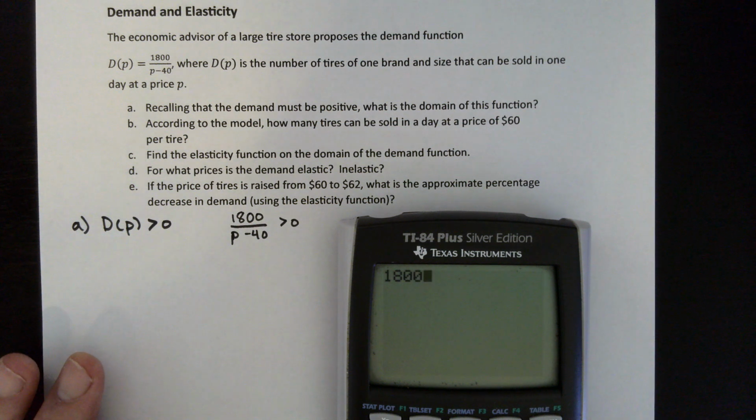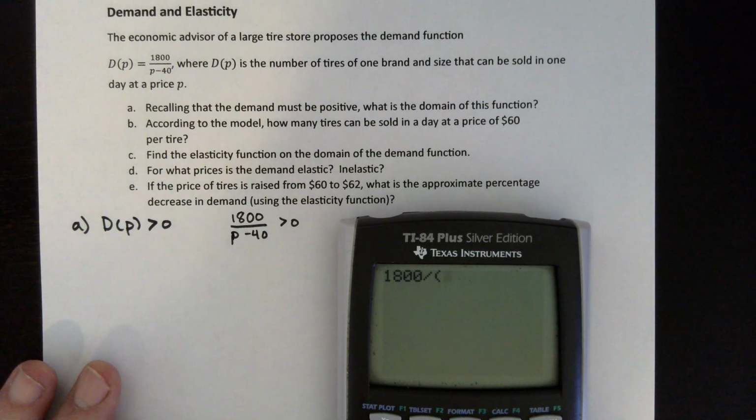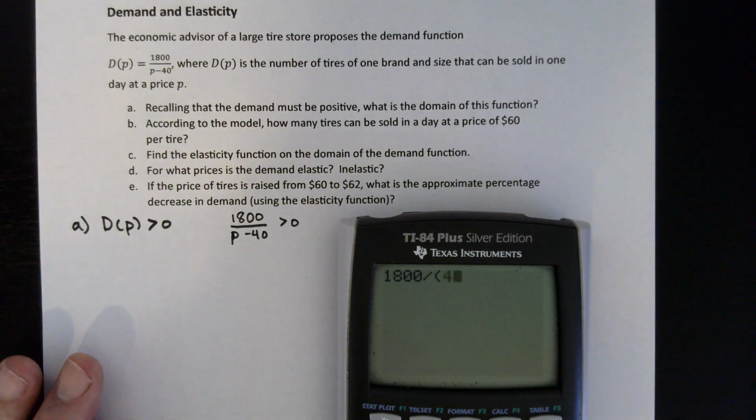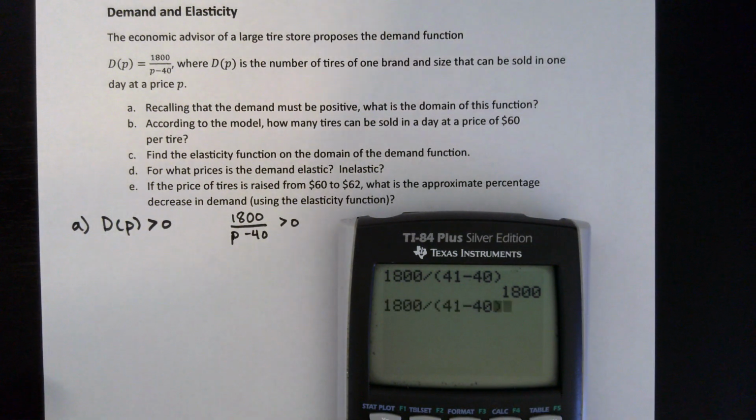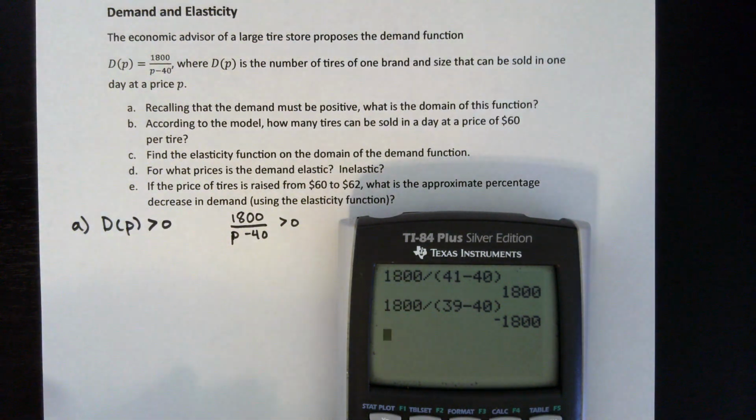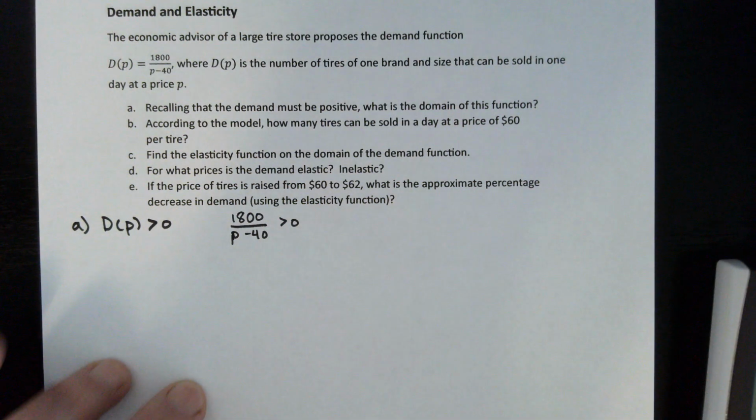Let's plug in 41 into the bottom. 41 minus 40 gives us positive 1800. If we go less, 39 minus 40, that's a negative value. So left of 40 those are negative values, and right of 40 those are positive values.